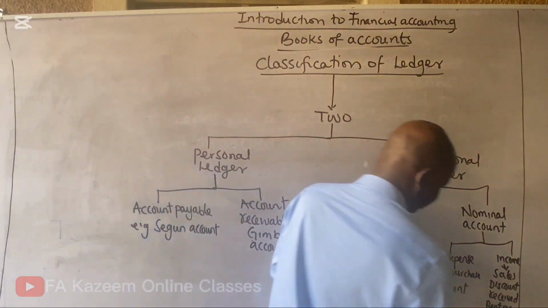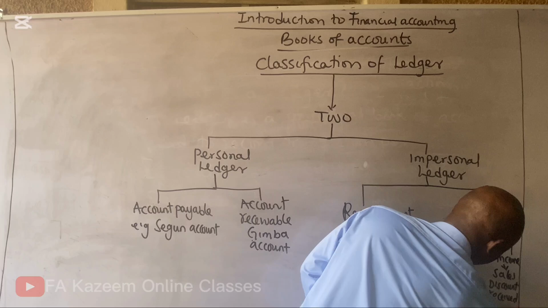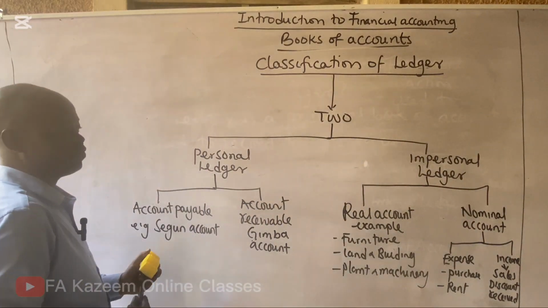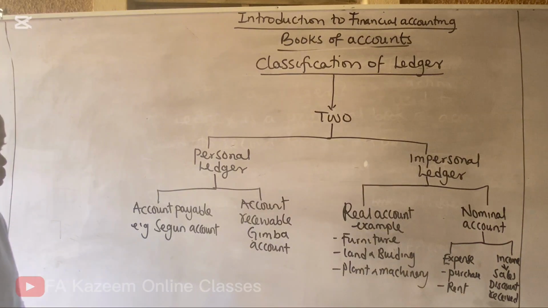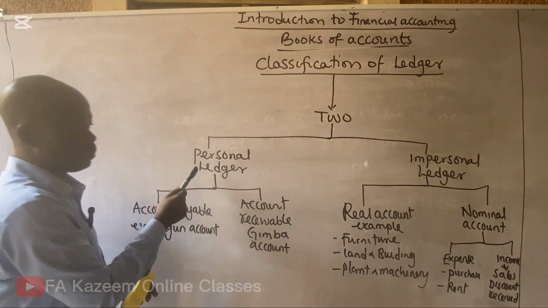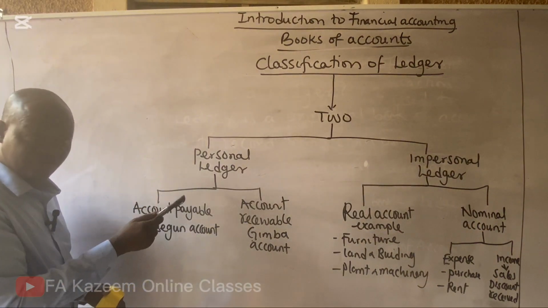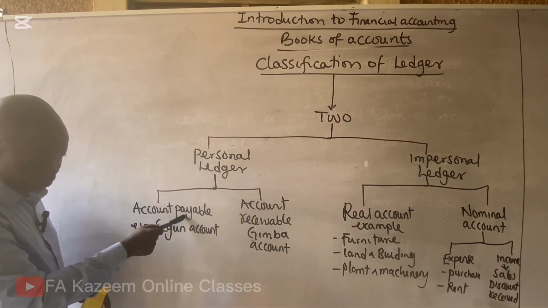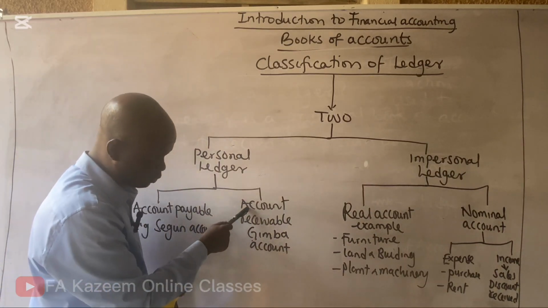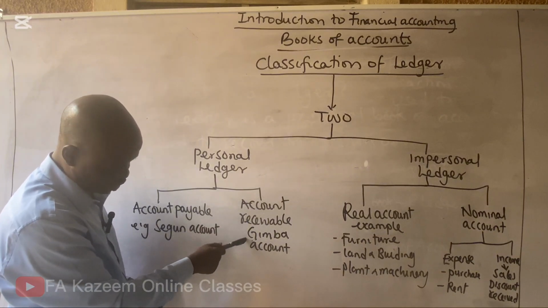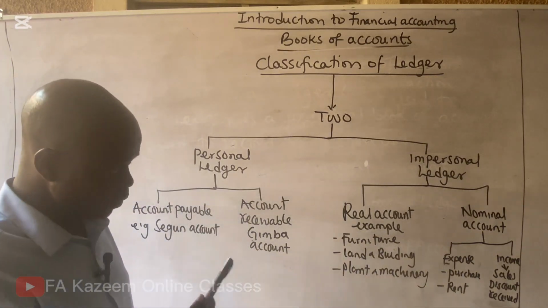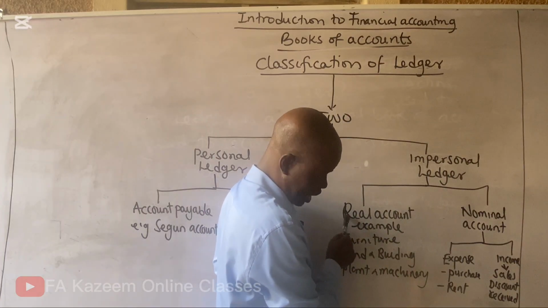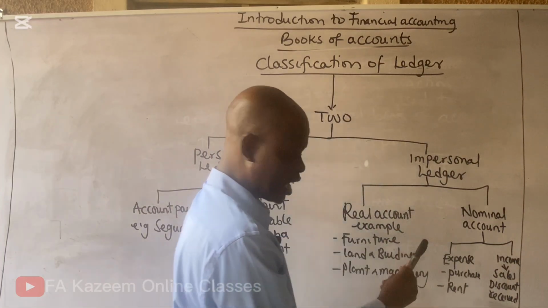While real accounts are classified as tangible assets. In that case, ledger is classified into two by this diagram: personal ledger, and personal ledger has to do with accounts of individuals that happen to be a creditor, which is accounts payable, or a debtor, which is accounts receivable. That's why you see me giving examples of names. Now, when we say impersonal ledger, we're talking about real account and nominal account.